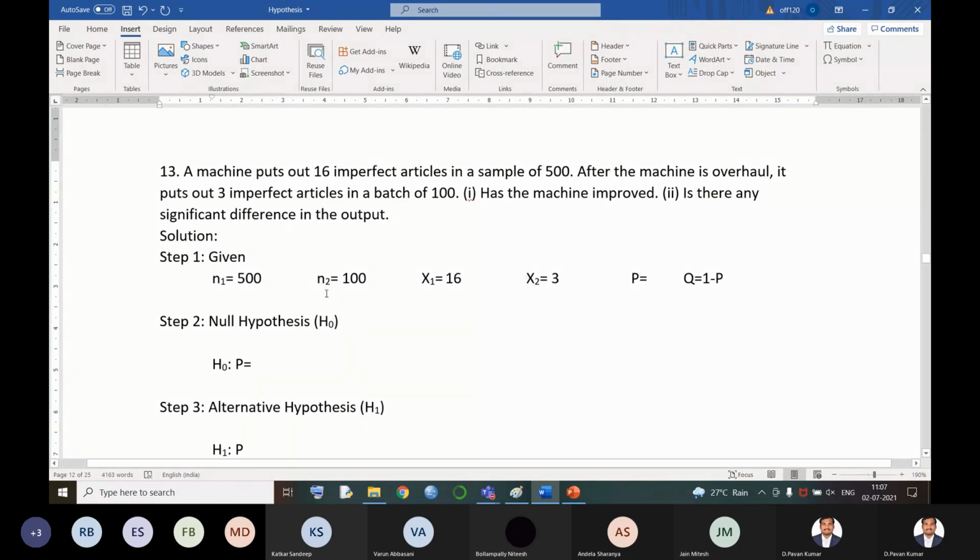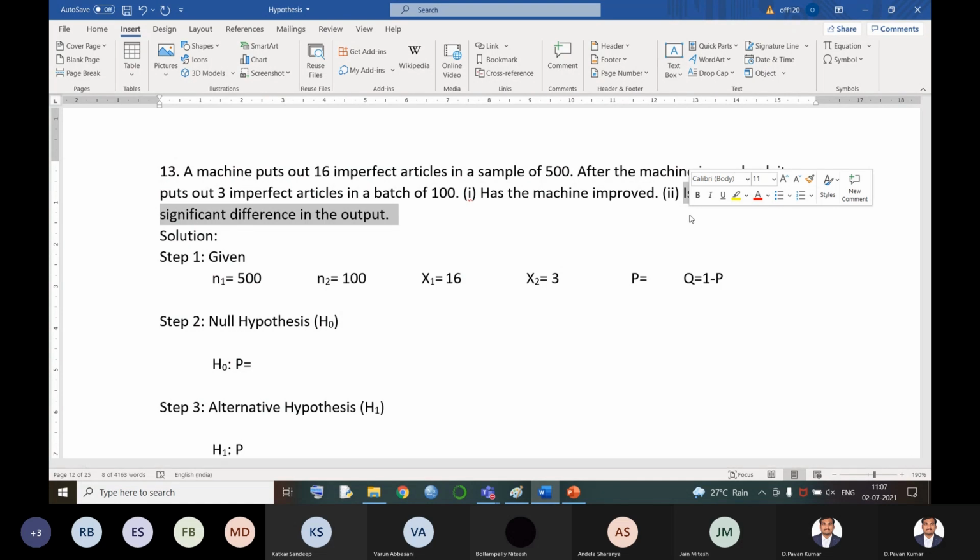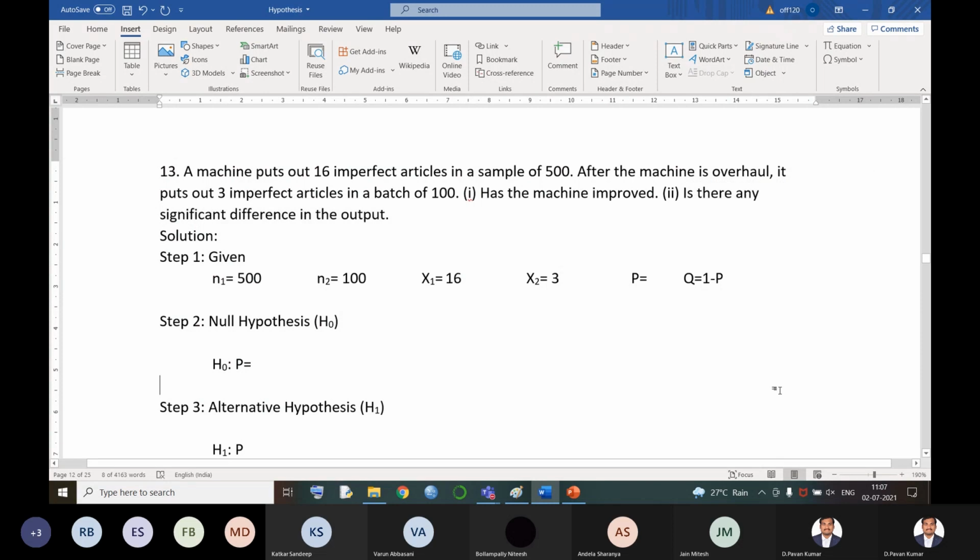Based on this information, what are they asking us to find out? First question is, has the machine improved? Second one is, is there any significant difference in the output? So we have to identify that there are two conditions given.